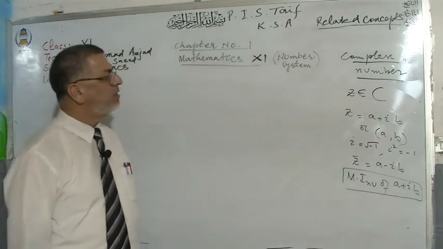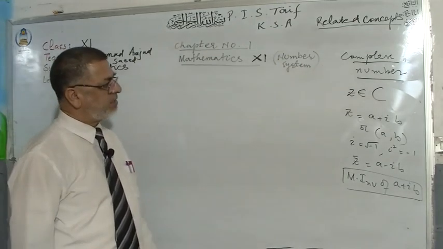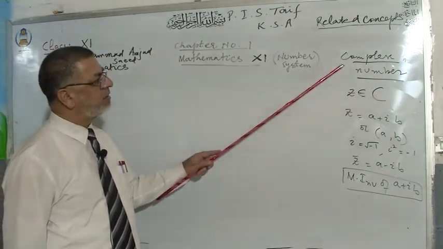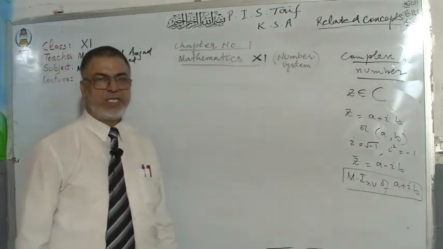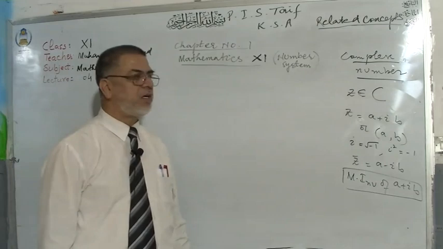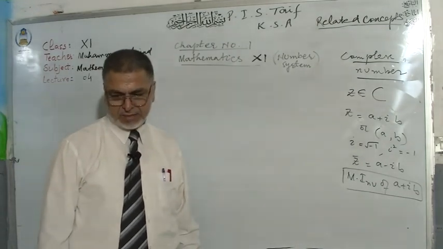First of all, what is meant by complex number? Complex number is denoted by C, and which is the greatest of all the sets.